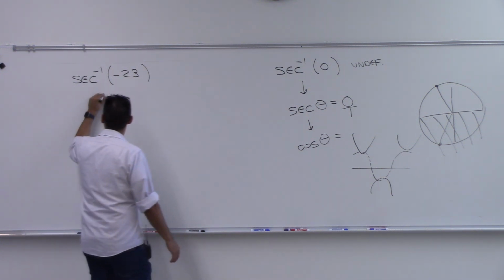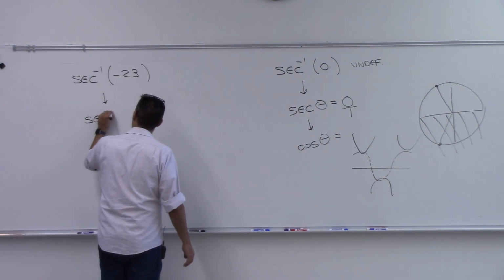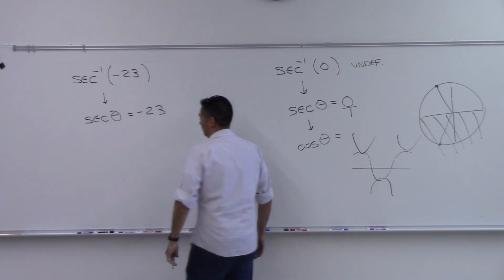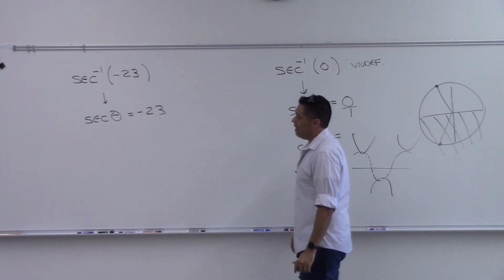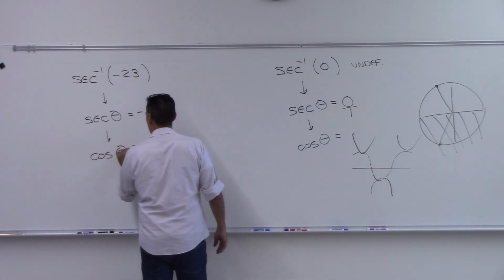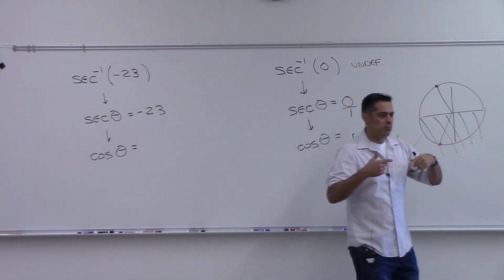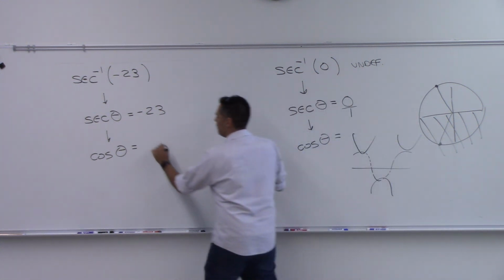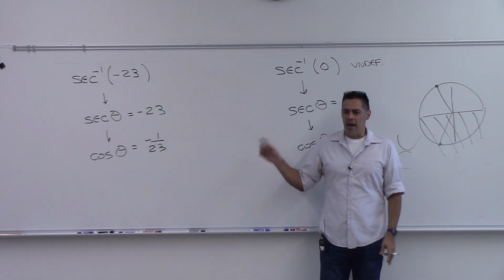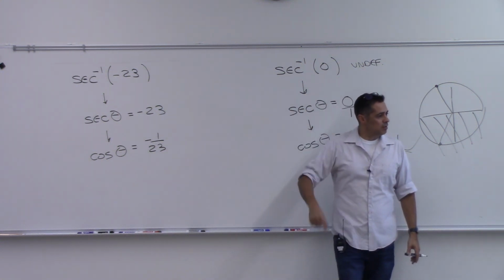This really means secant of some angle is equal to negative 23. And that really means that cosine of some angle is what? The reciprocal, negative 1 over 23. And I don't recognize that from the unit circle.